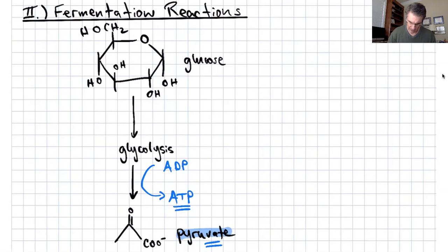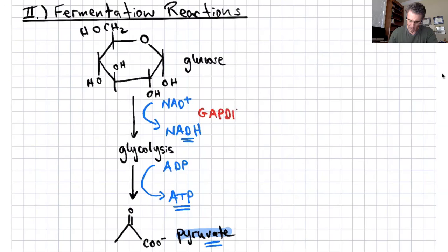Remember, it's this key oxidative step where we take NAD plus and we make NADH, right? So NADH is one of the other key products of the glycolytic pathway. And there are a couple of really important points here. If you recall, the enzyme that runs that reaction is, of course, GAPDH, glyceraldehyde 3-phosphate dehydrogenase.